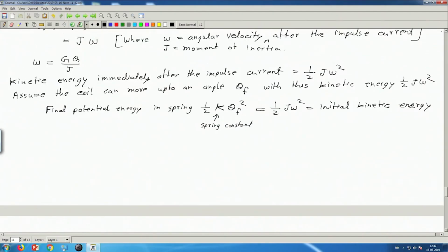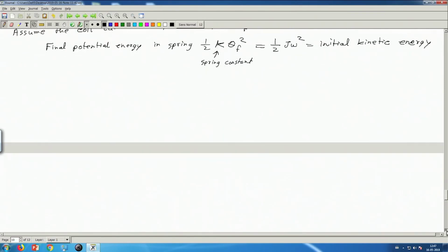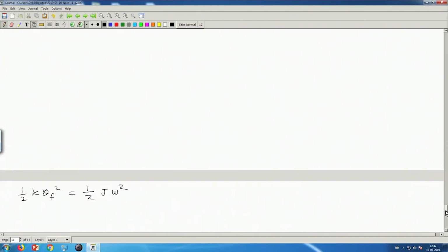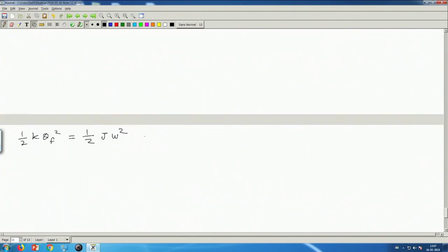that the value of omega, that is the angular velocity immediately after the current, is given by GQ by J. So, let us put the value.